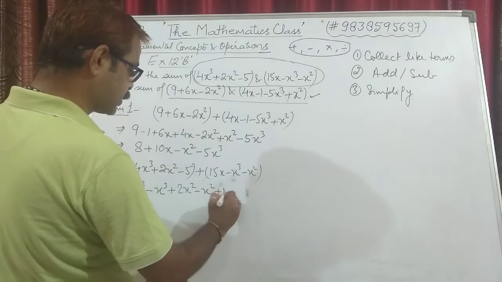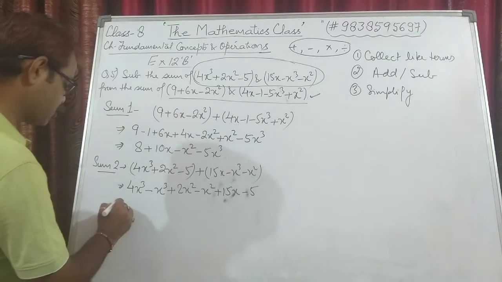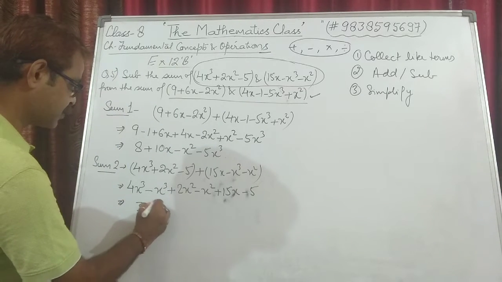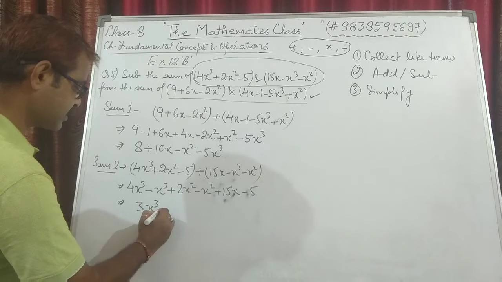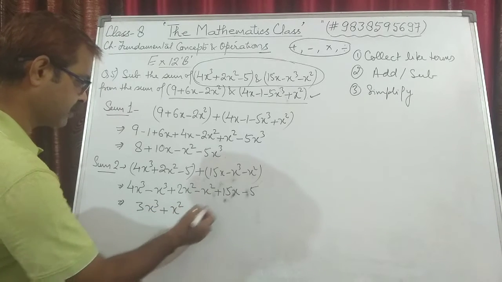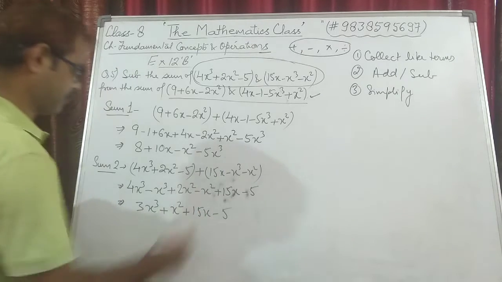So first we'll write plus 15x and then minus 5. When you solve it, 4 minus 1 is 3x cube, 2x square minus x square is plus 1x square, or simply x square, plus 15x minus 5.